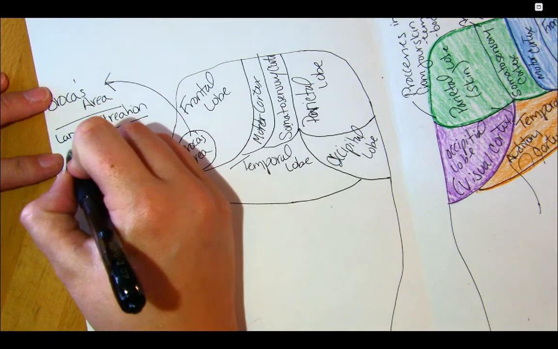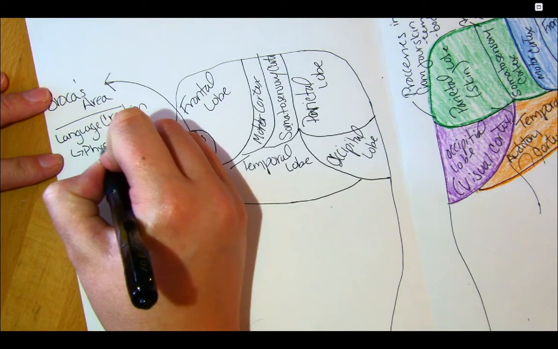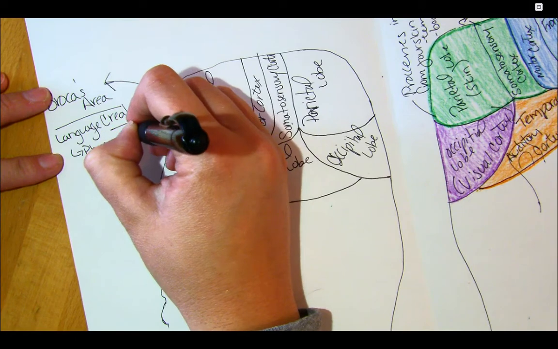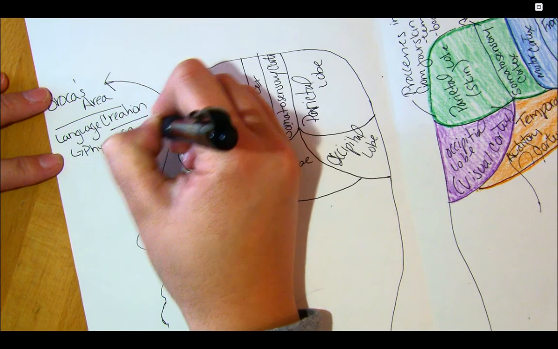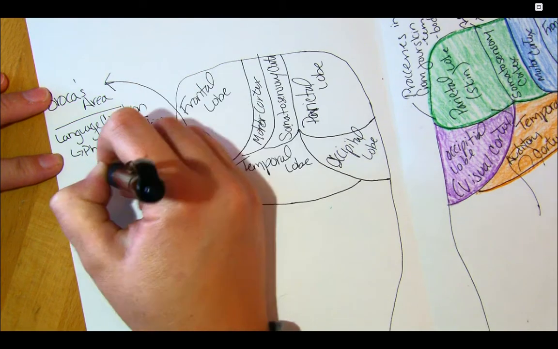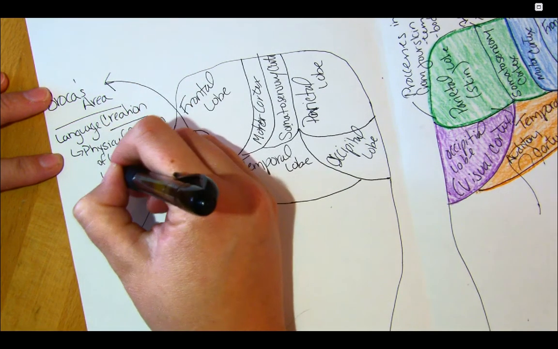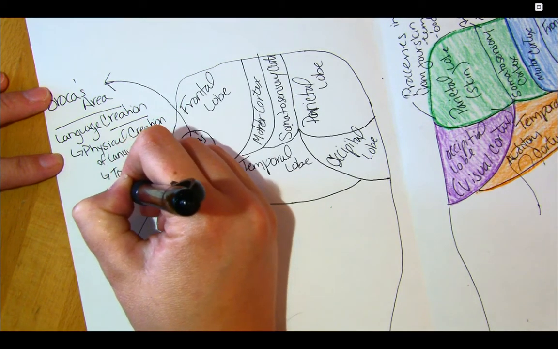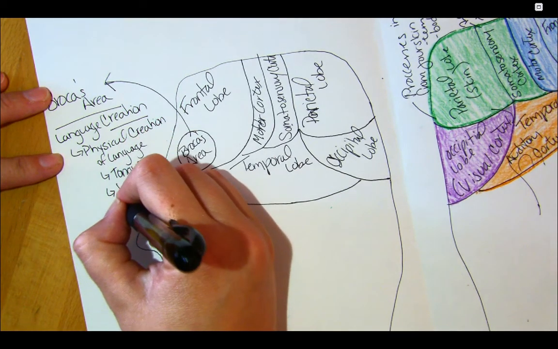What does that mean? That is your physical creation of language. So, that is the coordination of your tongue, your jaw, all of the muscles.